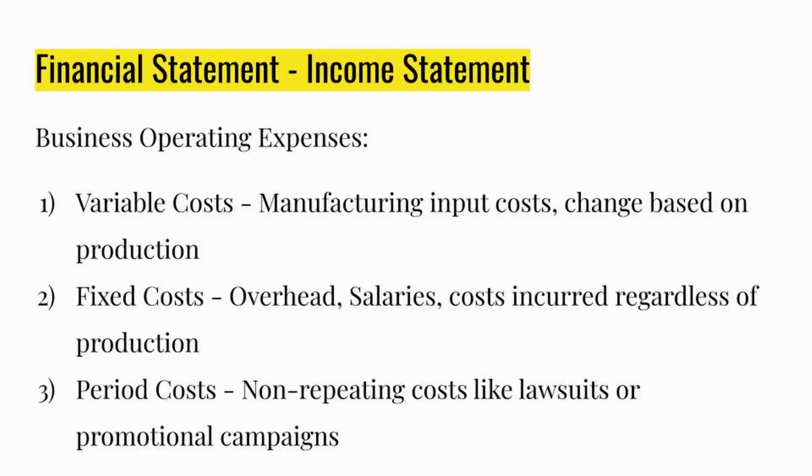Let's turn to what's called the income statement and go briefly through the costs a business incurs in its normal operations. Generally, in business accounting, there are three types of costs: variable, fixed, and periodic. Variable costs are costs which change each period based on the amount of product produced.